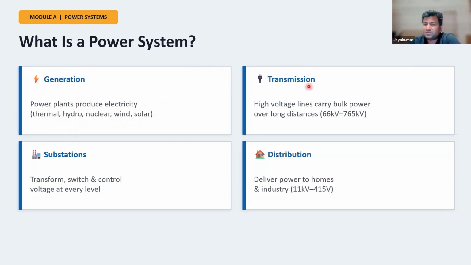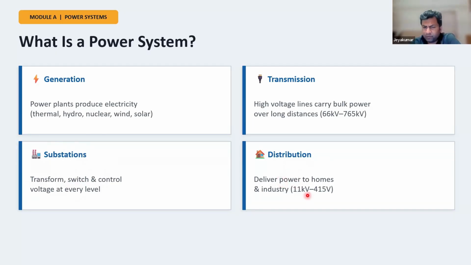Transmission, of course, whatever we are generating, we transmit through the transmission lines. In India, I think beyond 765 kV we also have voltage levels. And the substation is where we transform, or do the switching operation and control voltage at every level. Distribution also.